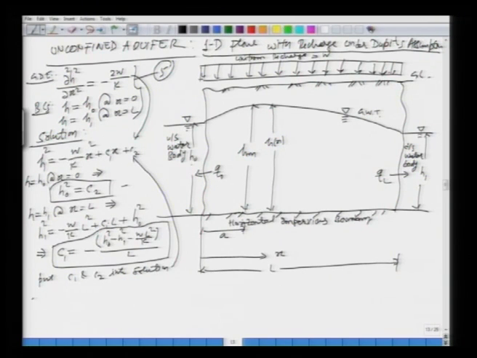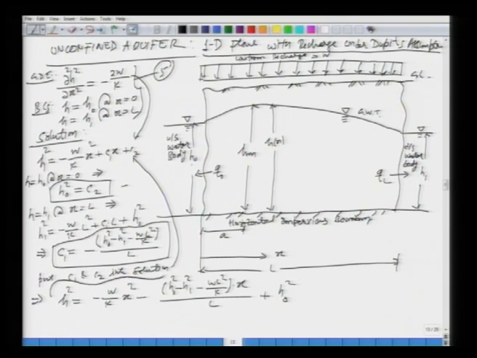What you will get is the solution h square is equal to minus w over k x squared minus h 0 square minus h 1 square minus w L squared over k, this whole thing multiplied by x and this whole thing divided by L, plus C 2 which is h naught squared.